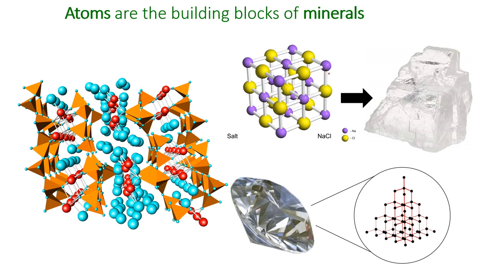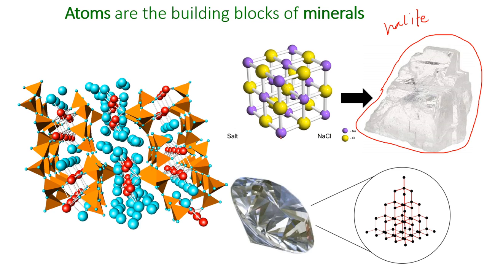You'll notice this rock salt here. You may not realize that the salt you put on your food is a mineral. It's a mineral called halite. I'll spell that for you right there. Halite. Halite is composed of sodium and chlorine.